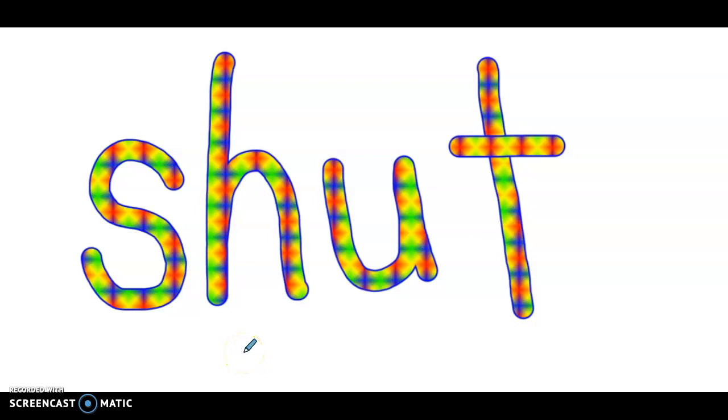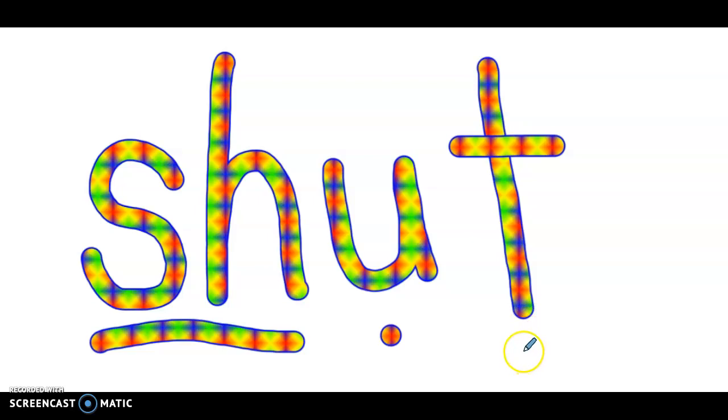What is this word? In the beginning, I see the SH, so we know that says sh. What sound does the U make? And what sound does the T make? T. Okay, let's try sounding it out.